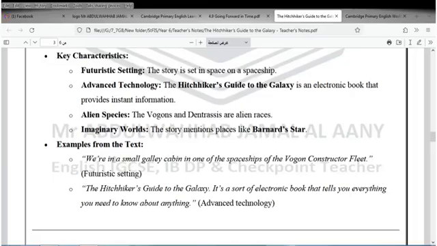We are in a small galley cabin in one of the spaceships of the Vogon constructor fleet. Future setting. The Hitchhiker's Guide to the Galaxy is a sort of electronic book that tells you everything you need to know about anything, advanced technology.